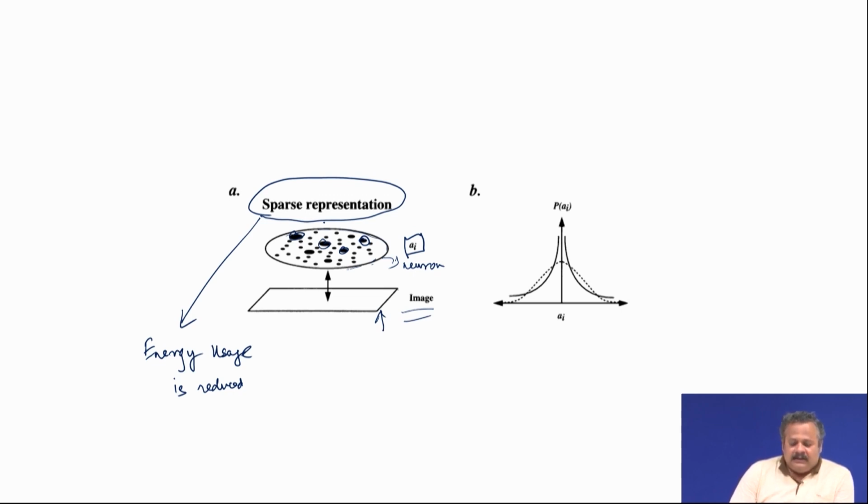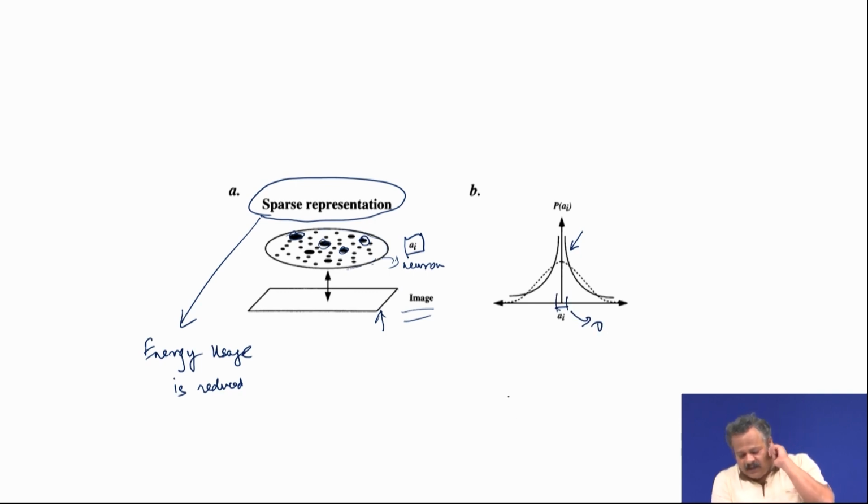And this is for different images; different sets of units will be active with higher levels, while others would remain near zero values. This idea of sparseness was incorporated by them by using a distribution of the activity of this nature, which has a huge amount of mass near zero.